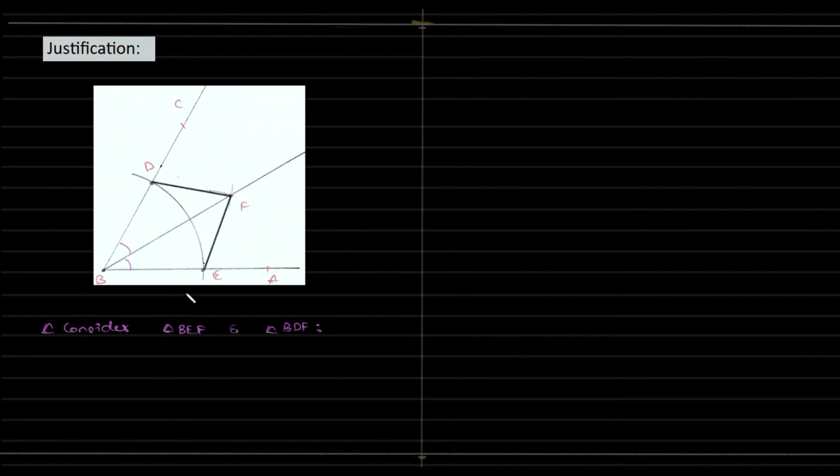Here we have BF that is common, and then we have BE which is equal to BD, sorry, not AE, BE, which is equal to BD because they are radii of a particular arc, right? Then DF is equal to FE. Again, we drew it in such a way because their radii are the same.